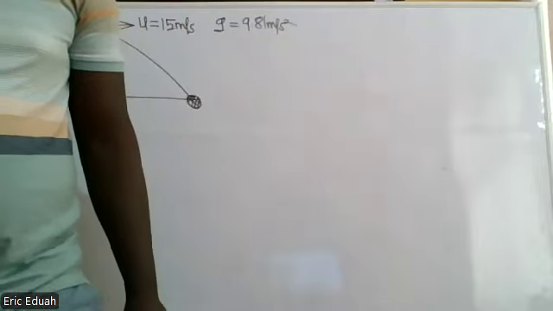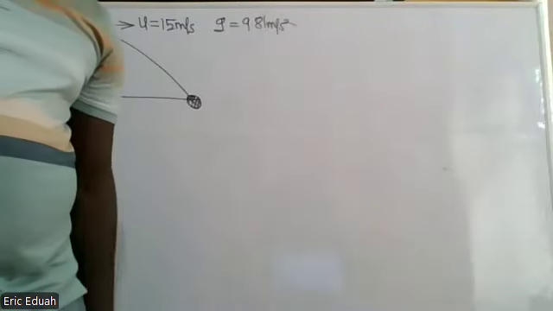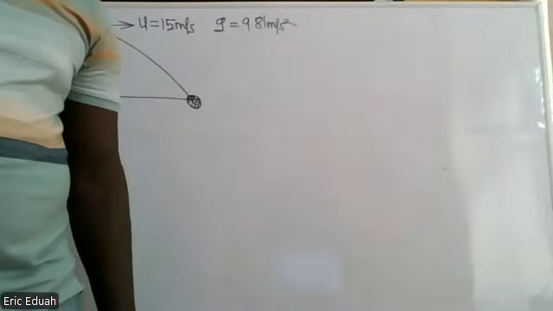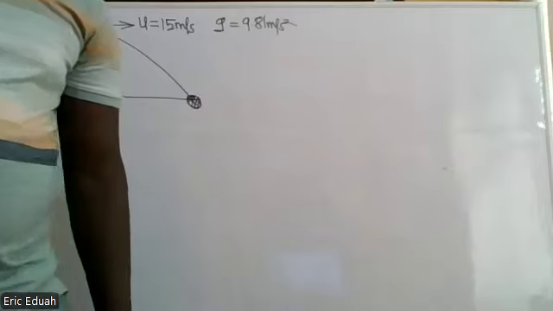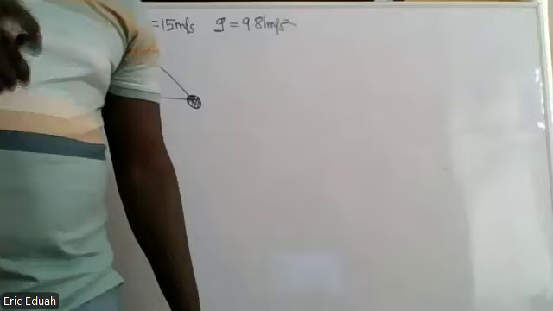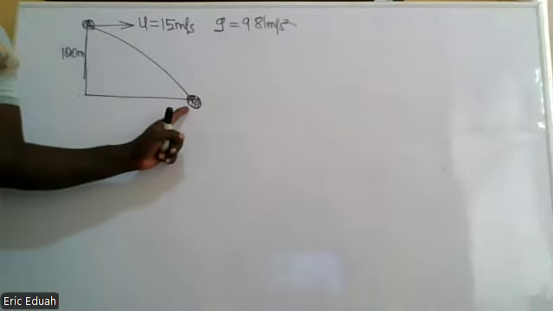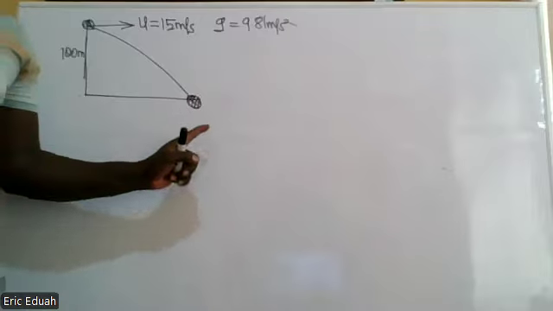But I gave it a particular name. I gave it a name. Prince, go ahead. Range. No. I gave the total time that will be taken for the body to drop on the ground.